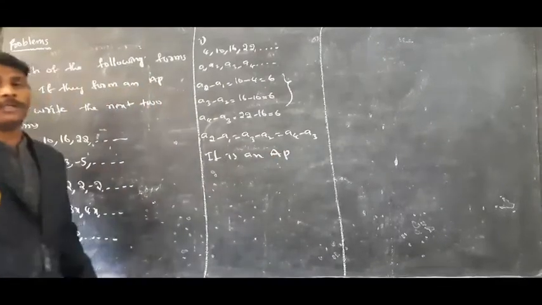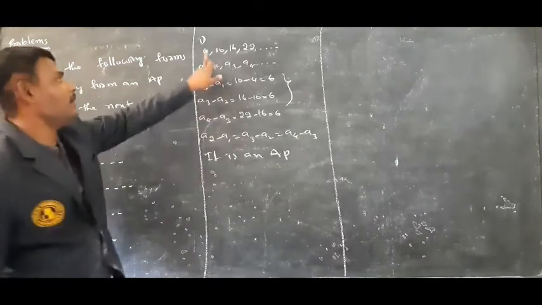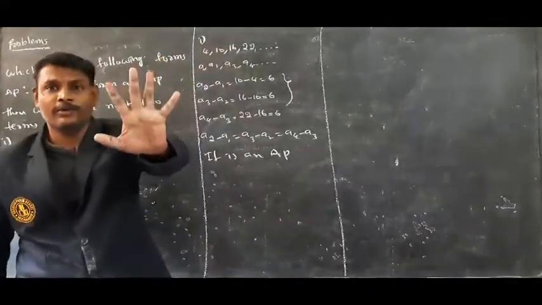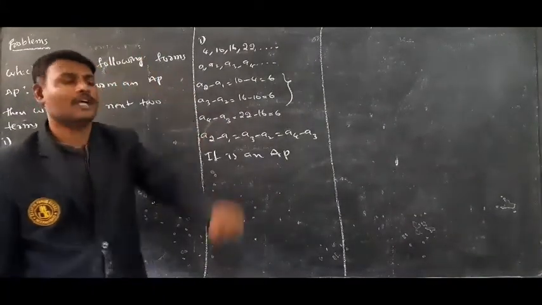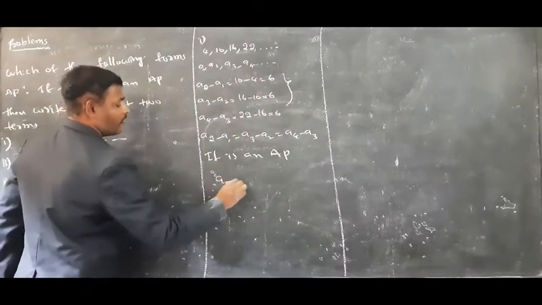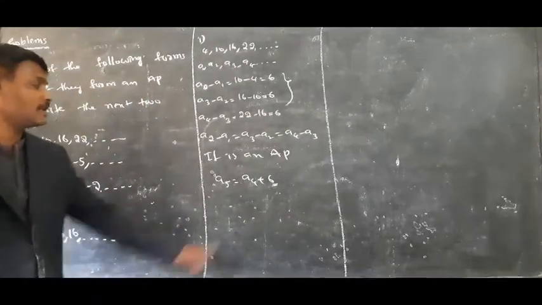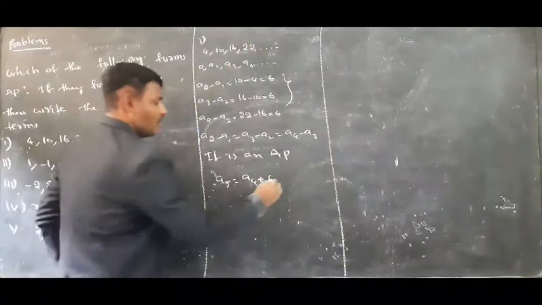If that is an AP, you have to find the next two terms. It means 1, 2, 3, 4, 5. I know only 4 terms. Next two means you have to find the fifth term and also the sixth term. What is the common difference? 6. See, A5 we can write as A4 plus 6. A4 means the fourth term, 22.